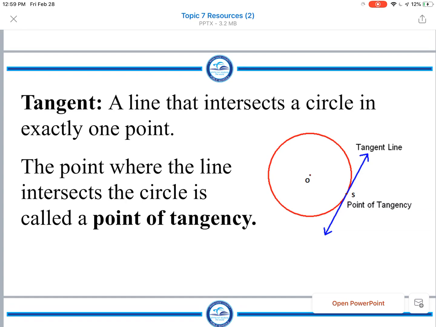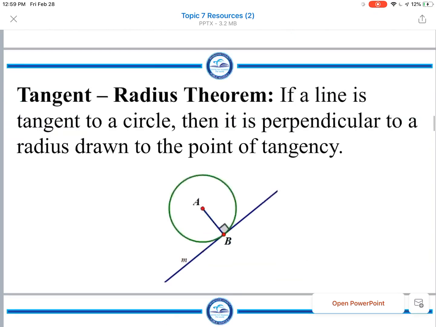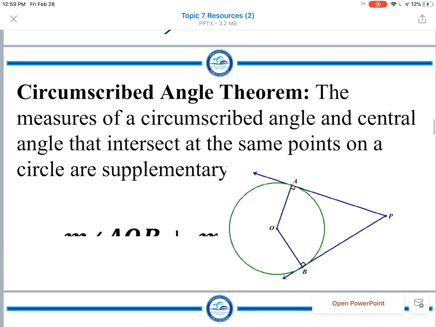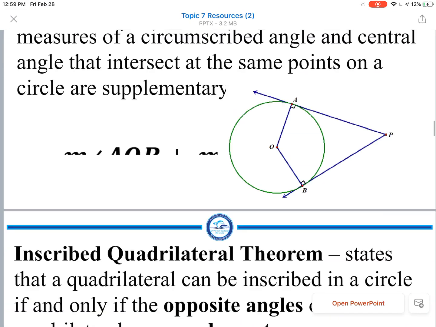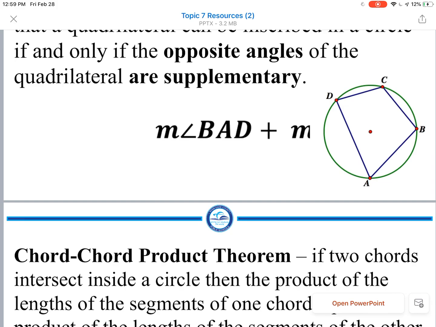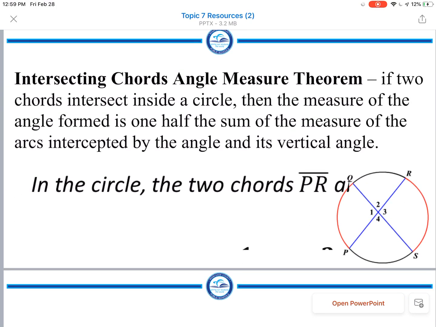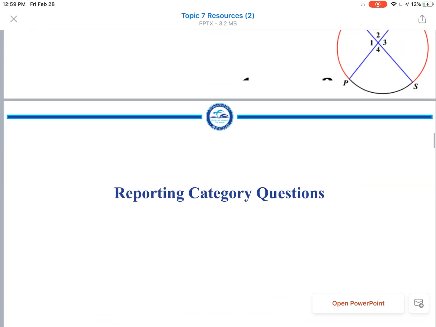You can see this blue line intersects in one point, as opposed to a chord, which would touch the circle at two places. We're going to learn properties of tangent lines, namely this one, but we're not going to talk about that here. Circumscribed angle theorem, nope, no theorems for this vocabulary. None of this. Okay, that's it.